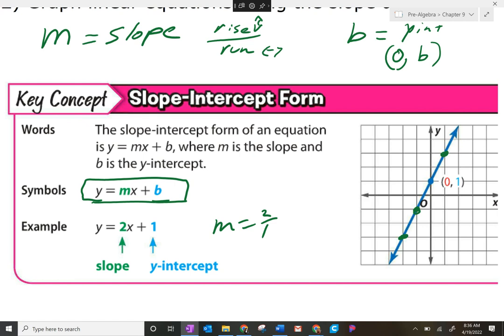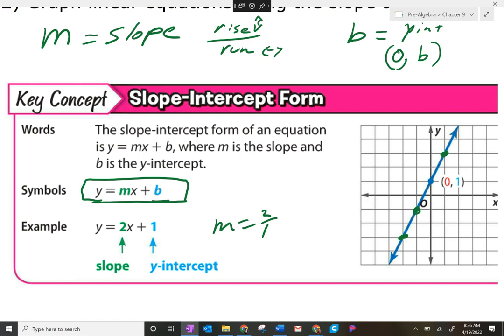So I'm going to do that rise over the run. It goes up 2, over 1. Instead of doing up 2 over 1, I can make them both negative numbers, so I can go down 2, left 1, down 2, left 1, and it'll still keep on going.